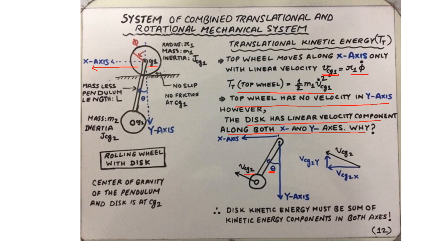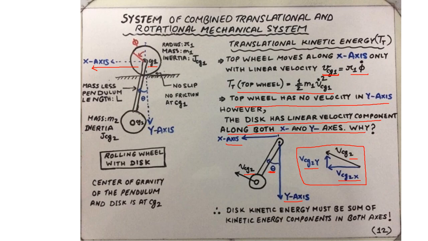This tangential velocity can be decomposed into the x-axis and the y-axis as shown by the vector algebra here. So the tangential velocity Vcg2 of the disk is a vector sum of the y component of the velocity and the x component of the velocity.